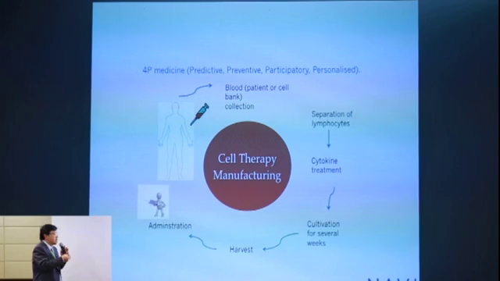Predictive: firstly, we have to analyze what is happening in the patient, and we have to help the patient prevent the disease from happening. And we interact with the patient, talking to him about how to get the treatment. So that is what participatory means.